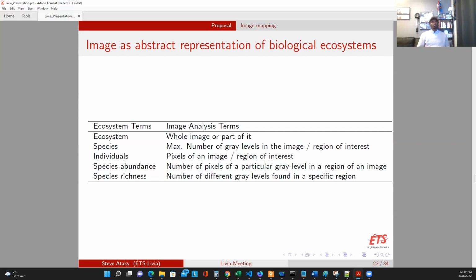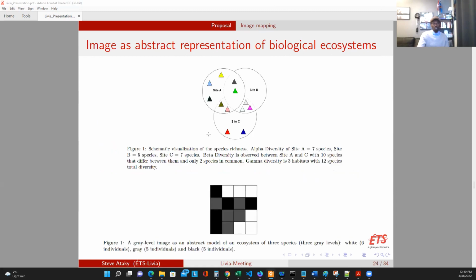So an ecosystem site or site unit is seen as a whole image, part of it, or a region of interest. Species are considered here as the gray levels in the image or a region of interest. Individuals are considered pixels of an image or region of interest, species abundance is the number of pixels of a particular gray level in the region, and species richness is the number of different gray levels found in an image or a region of it.